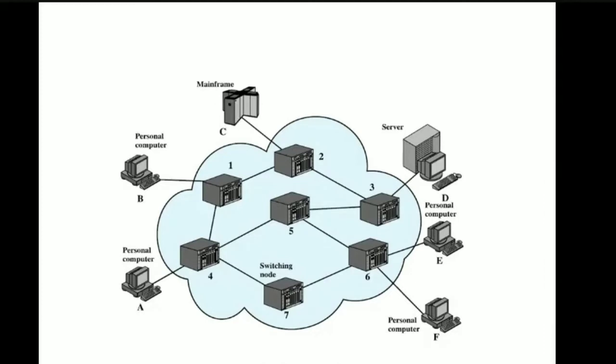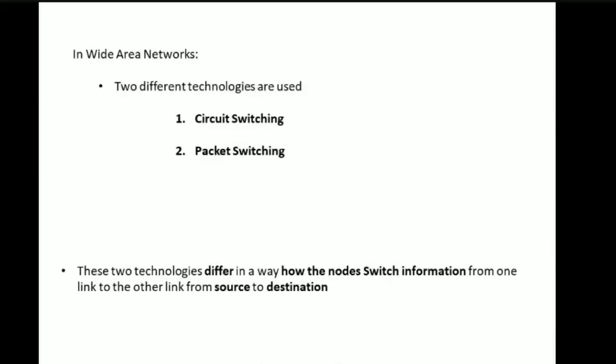Okay, so when we want to switch information from one node to another node, two major technologies are used in wide area networks. The first is circuit switching, and the second is packet switching.